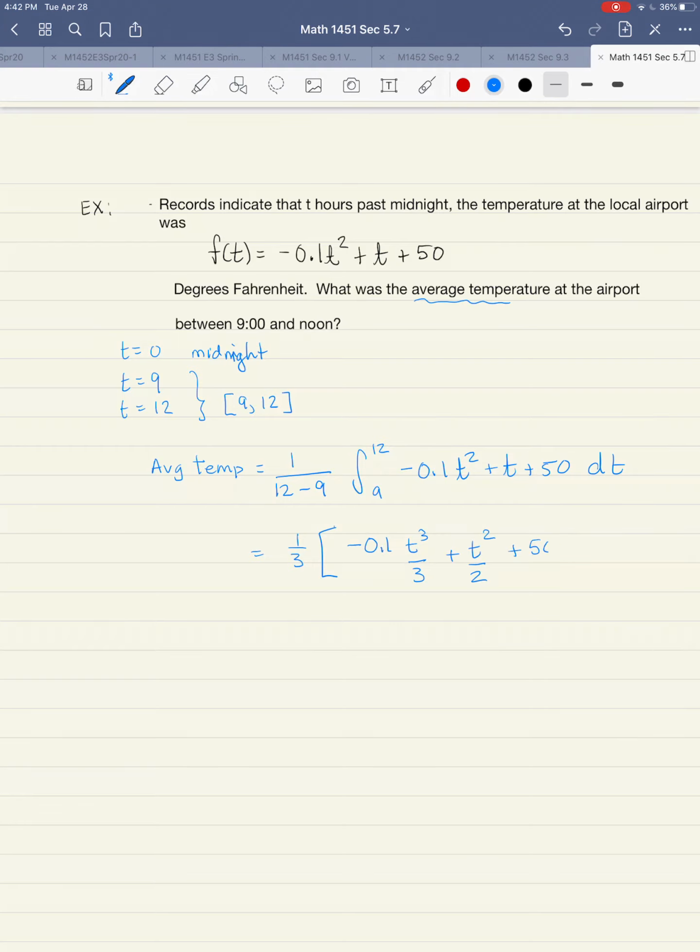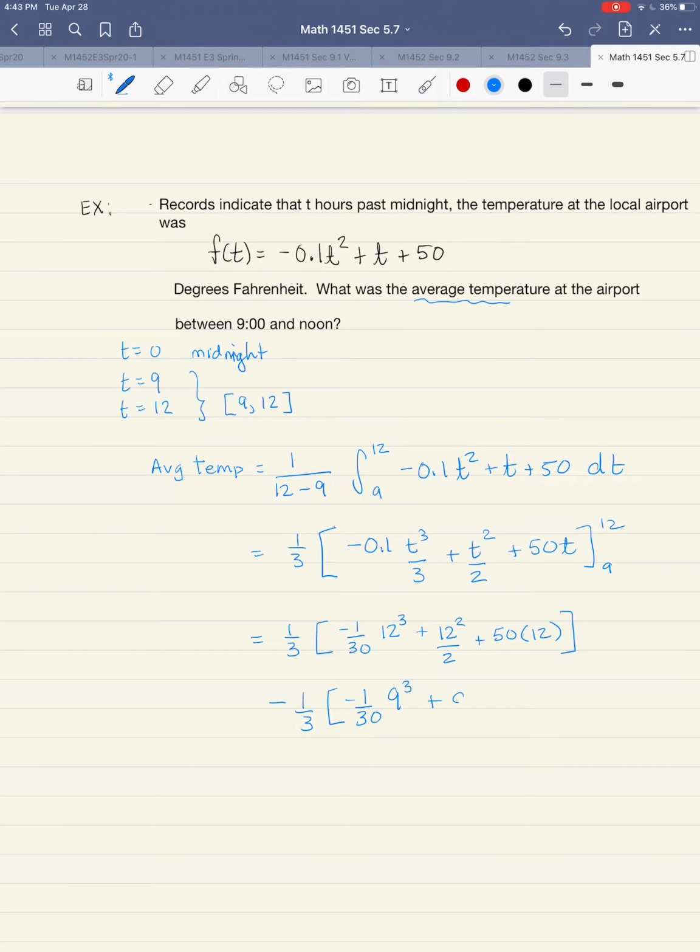A -0.1 t cubed over 3 plus t squared over 2 plus 50t from 9 to 12. So we've got 1/3 here. That's 1/10, so let's make that -1 over 30 times 12 cubed plus 12 squared over 2 plus 50 times 12.